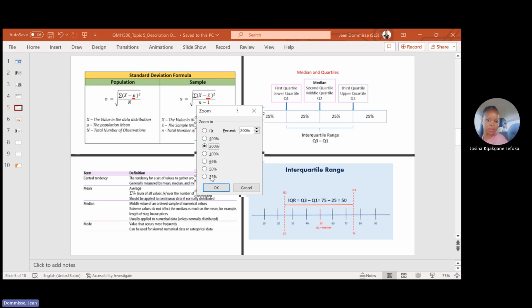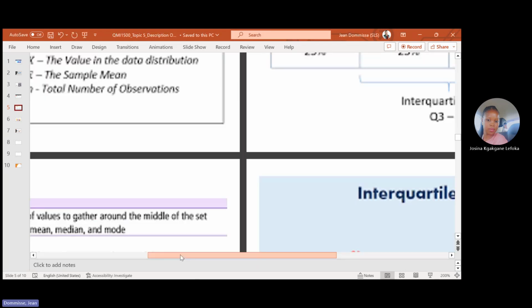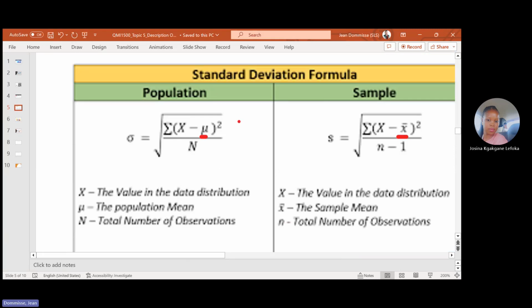So if we look at this top function, you don't want to do that for all your numbers. If you had 20 variables or 20 numbers, you don't want to do that calculation every time.